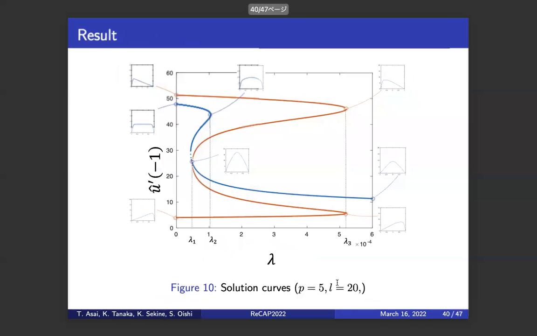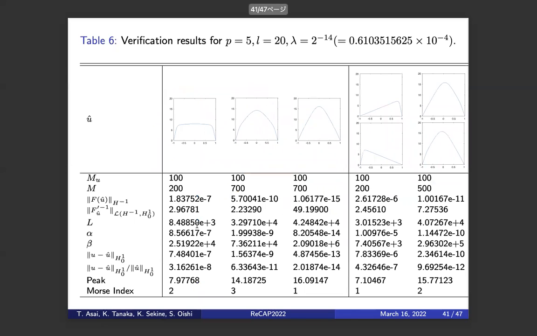Okay, this is our result. According to this solution curve, there are some turning points and a bifurcation breaking point, and particularly around this area, there are 7 multiple solutions. And we verified like that 7 multiple solutions when the parameter lambda is fixed. And all multiple solutions are verified.